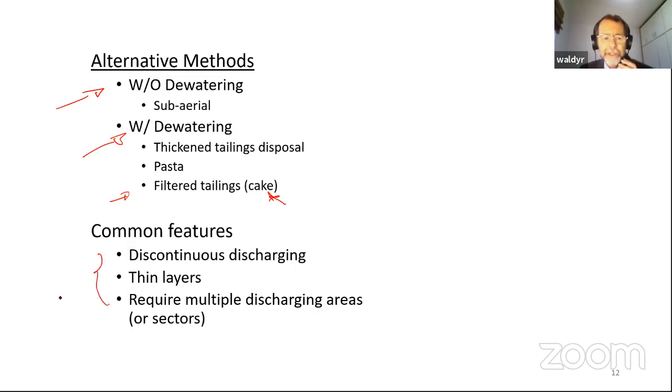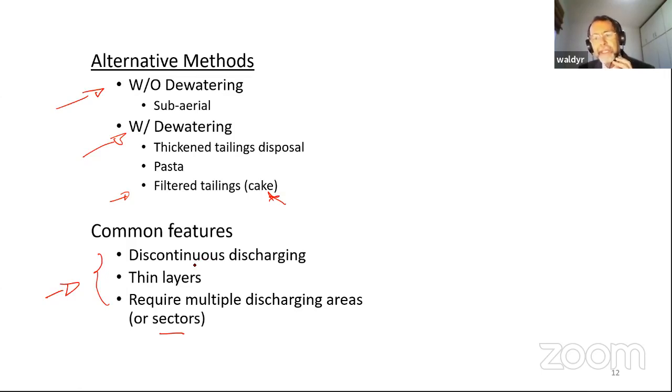What are the common features of this? All these alternative methods are going to be the near future, at least in my country. Discontinuous discharging. You may have something different here because you may require multiple discharging areas or at least sectors, because the plant doesn't stop.